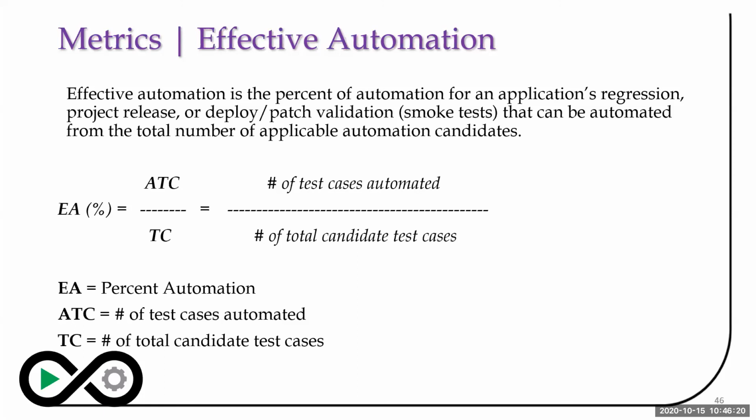This gives us a good indication of how much technical debt we have accrued from the quality standpoint, because if we have good candidate test cases and we have not automated those, then we have gaps in our coverage that we either are going to have to test manually or we're just going to have to assume that risk. So this is another good measure of our progress.